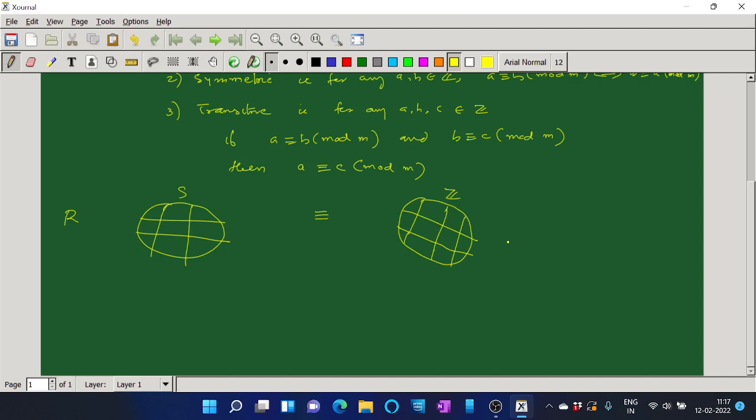For example, let us take m is equal to 5. Then you consider the congruence modulo 5 relation on the set of integers. That is, a congruent to b mod 5 relation defined on the set of integers.